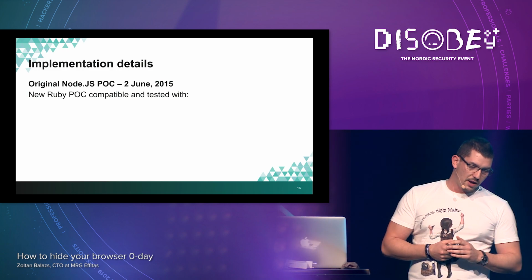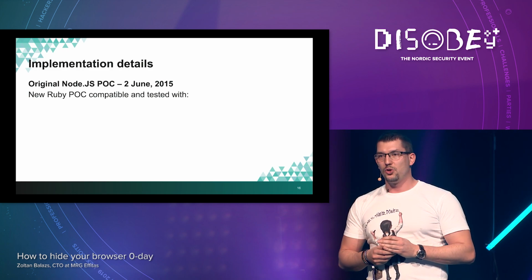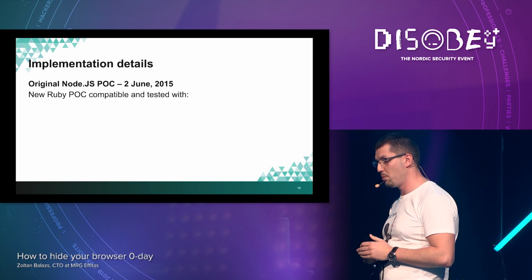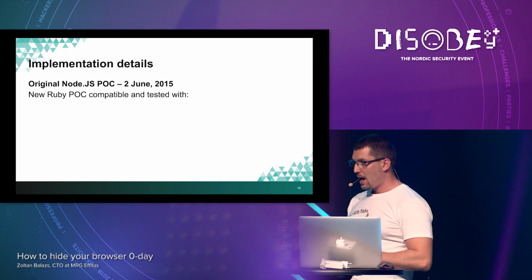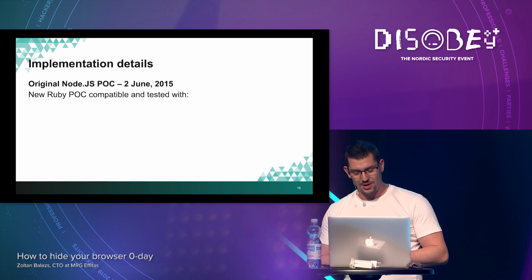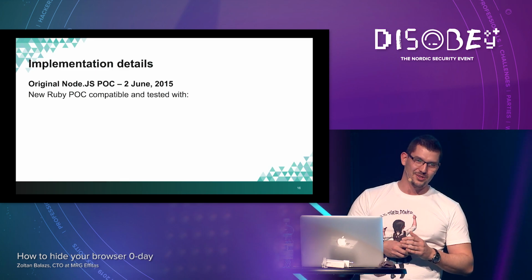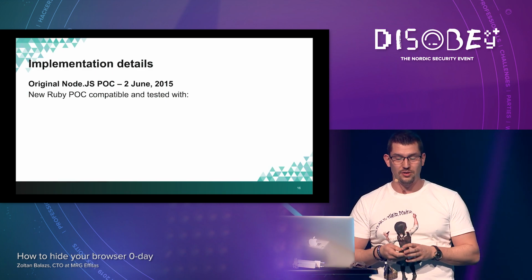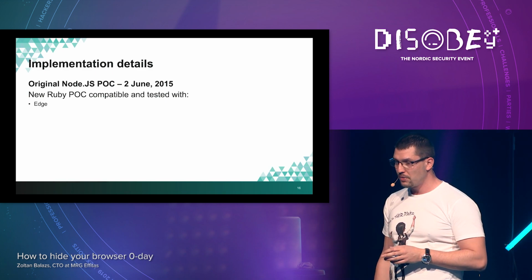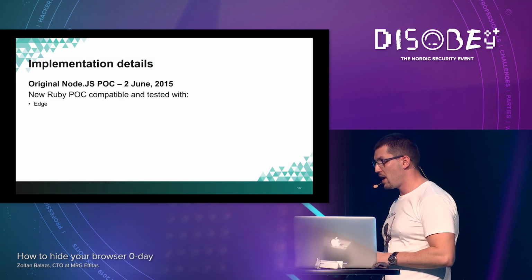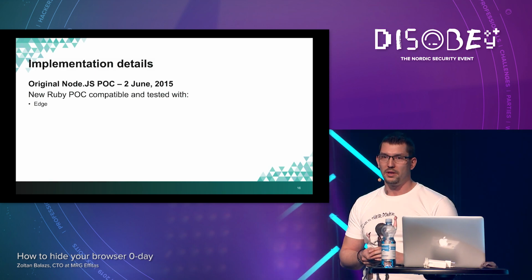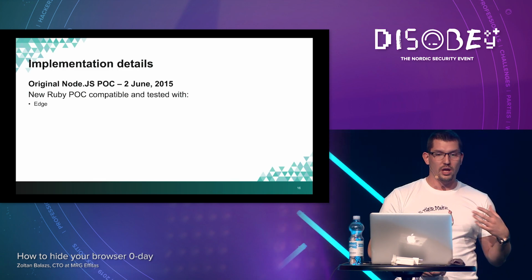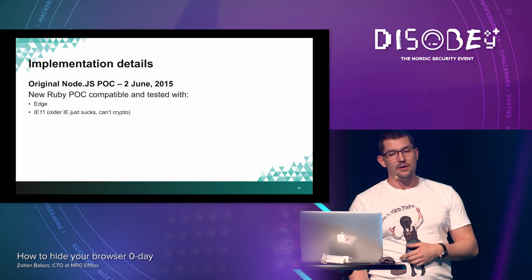But after a while, I thought it was time to rewrite my proof of concept, so I chose Ruby. It took me about 5 days to port this whole thing into Ruby, just because of the different crypto libraries used. Now my Ruby code is compatible with all the mainstream browsers. It works with Edge and IE11.